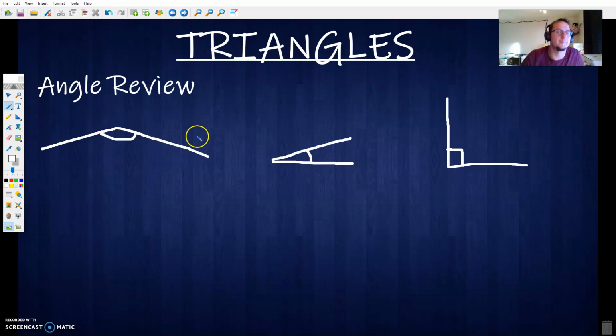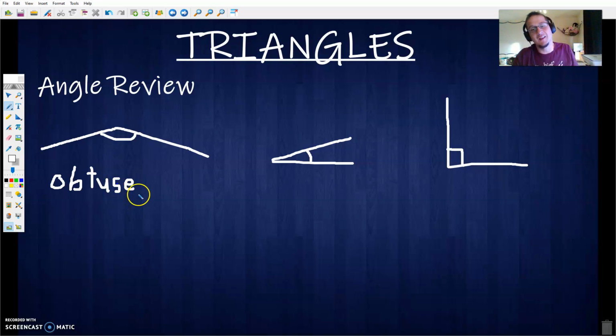Do you remember what these are called? The big one is obtuse. The little one is acute. It's a cute little angle.